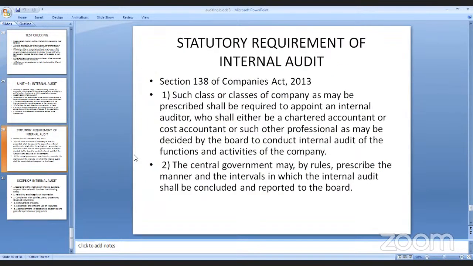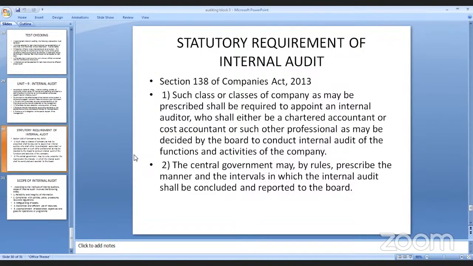Next, statutory requirements to conduct internal audit. Section 138 of the Companies Act 2013 deals with the statutory requirement of internal audit. Generally, it shall be required to appoint an internal auditor. The internal auditor shall be either a chartered accountant or cost accountant, or such other professional as may be decided.